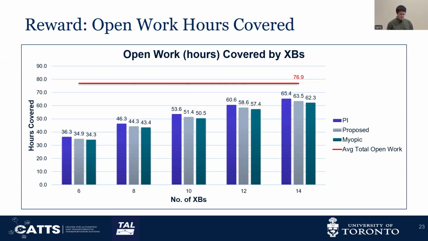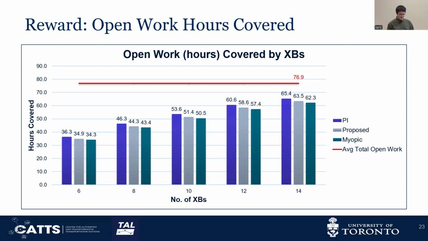So now we look at the reward with some different test scenarios. Here we chose a pretty simple reward weight, where we just look at the total amount of open work hours that are covered by extra boards.